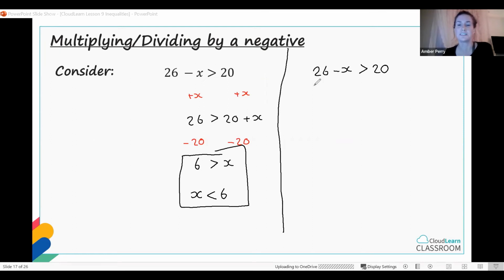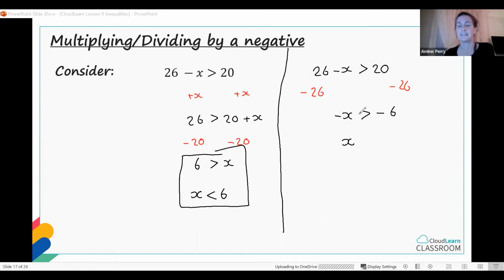What I could do instead is subtract 26 from both sides. If I get rid of this 26 by subtracting 26, I will then have minus x is greater than 20 minus 26, which is minus 6, which I think is what you were saying there, Winston. So now I've got minus x is greater than minus 6, and I need to know what x is.